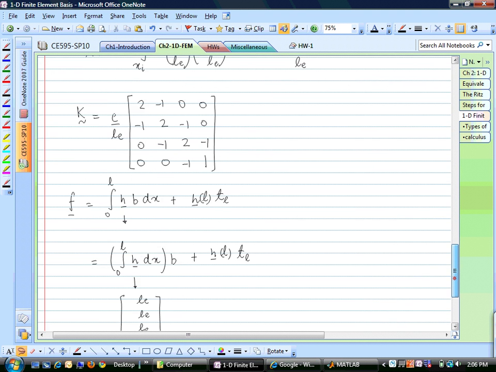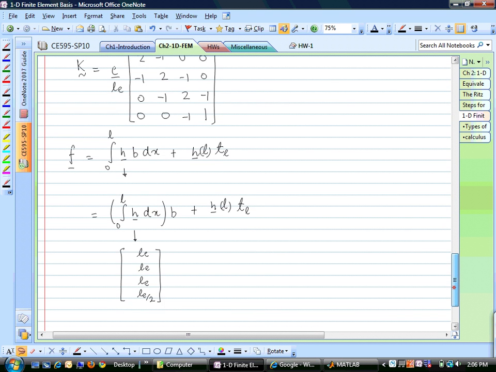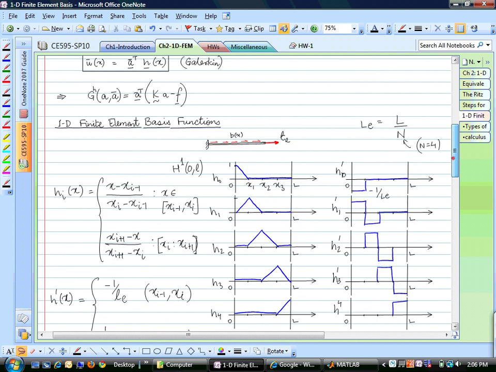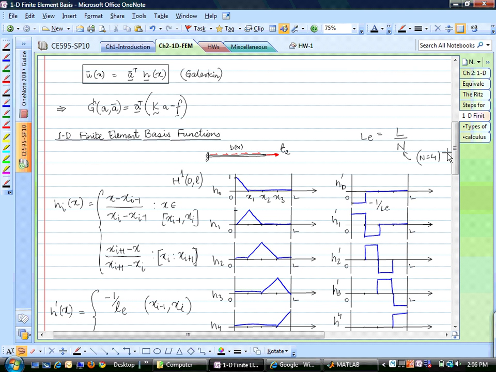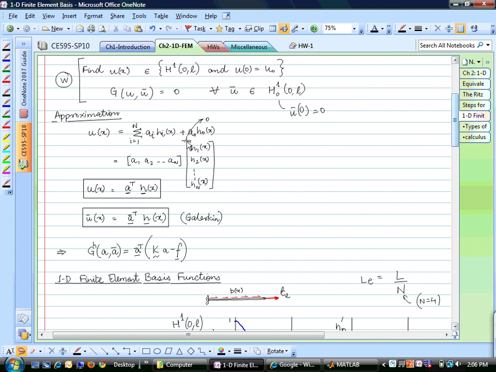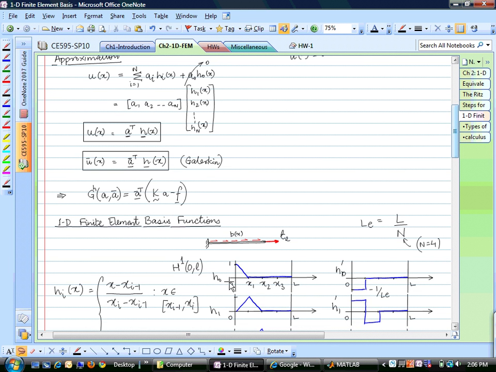Oh, H0 we already said, since we said that U0 is going to be 0. So did I not point that out somewhere? Oh, yeah, I think I probably forgot to mention. This H0 is the one that we require for the essential boundary condition.